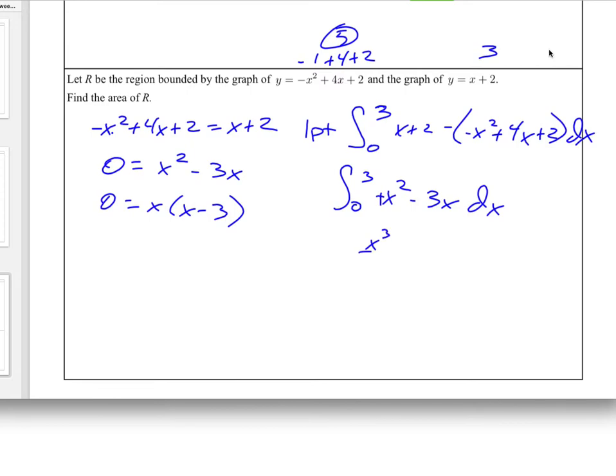So I get x cubed over 3 minus 3x squared over 2 from 0 to 3. So I plug the 3 in, that's 27 over 3, which gives me 9. And I plug 3 in here, which gives me the 27 over 2. Common denominator turns into 18 minus 27, which gives me negative 9 over 2. So if I got to this point and I got a negative, that tells me that I had the order of these two wrong. So I know my answer is going to be 9 halves, but I need to go back and change my order.